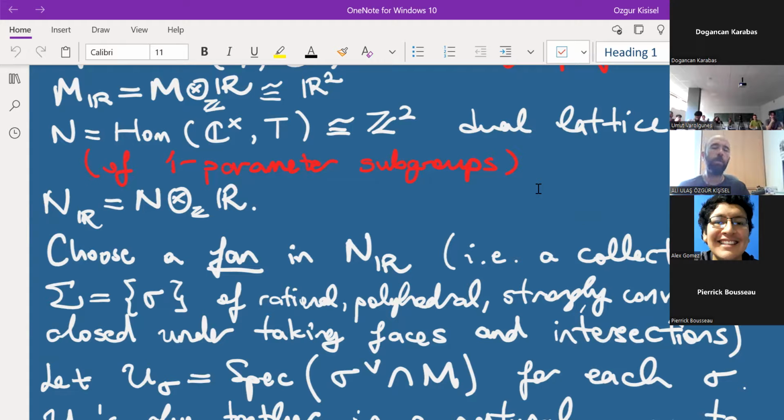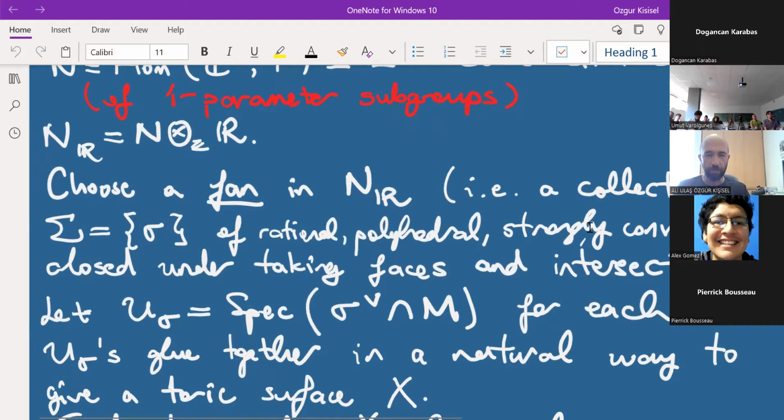Now, for each cone in the fan, you associate an open set, namely U sub sigma, which is the spectrum of the dual of sigma intersect M, which means you look at the lattice points, but remember those lattice points are actually characters. So they form some kind of algebra. So it makes sense to look at a spectrum, or otherwise you could view it as a group algebra.